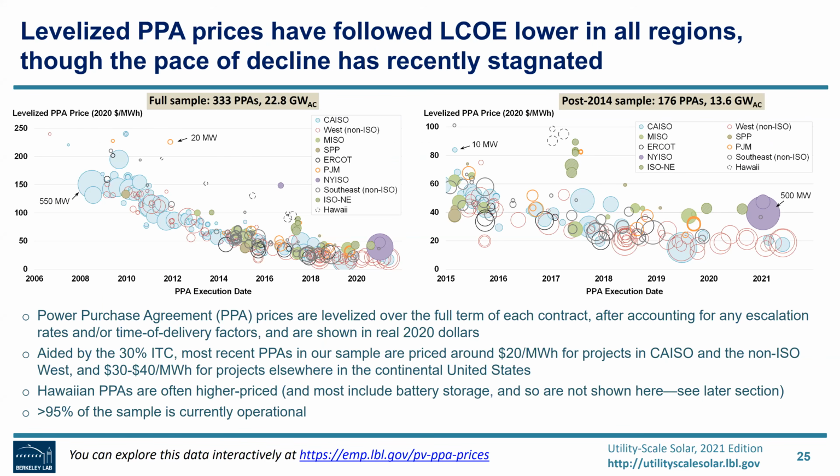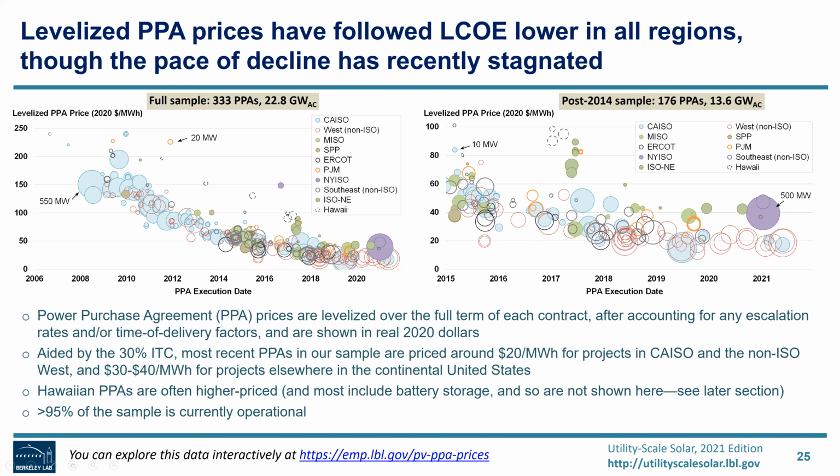Turning now to PPA prices, as you might expect, we've seen PPA prices follow LCOE lower in pretty much every single region that we looked at, though the pace of decline has stagnated somewhat in recent years. The graph on the left shows our full PPA sample, which amounts to almost 23 gigawatts.